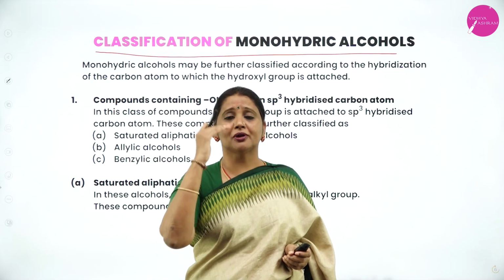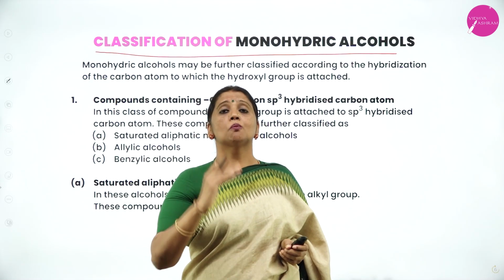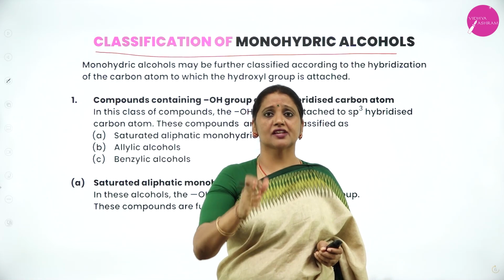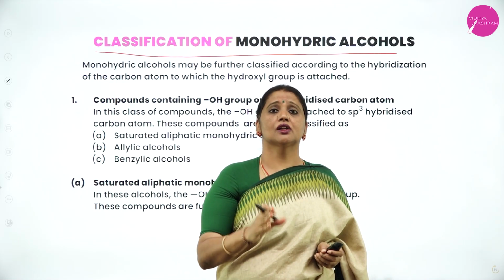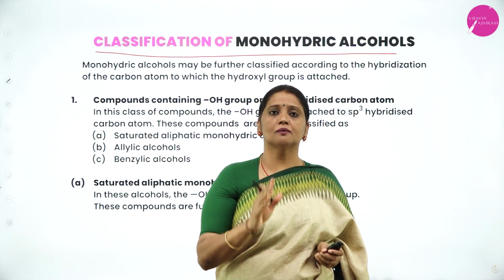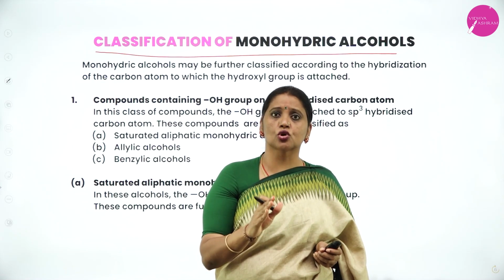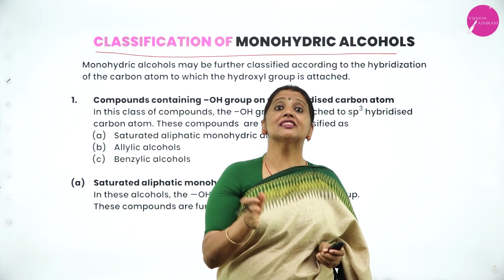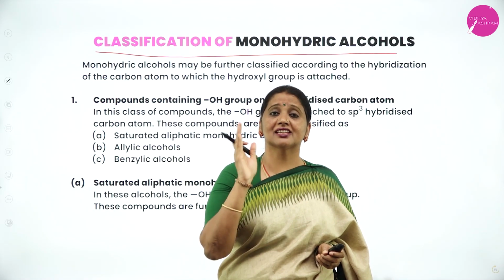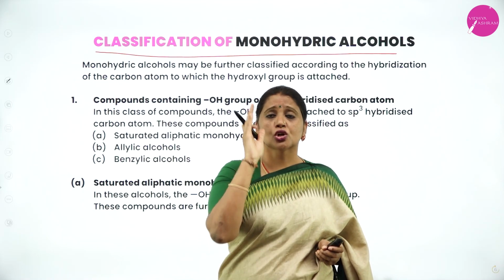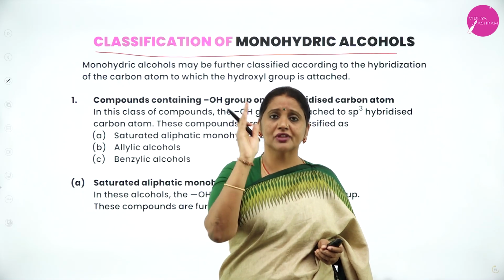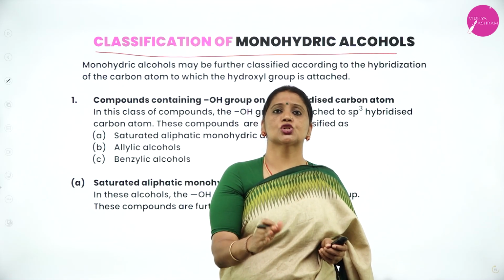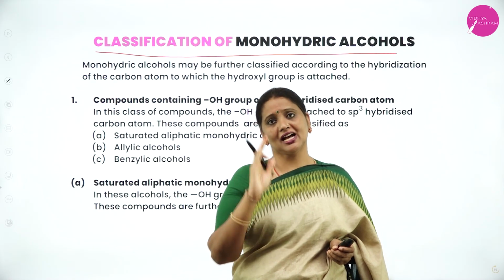Therefore, depending upon the nature of the carbon atom, monohydric alcohols are classified into two classes: compounds in which the OH group is attached to sp3 hybridized carbon, and compounds in which the OH group is attached to sp2 hybridized carbon.